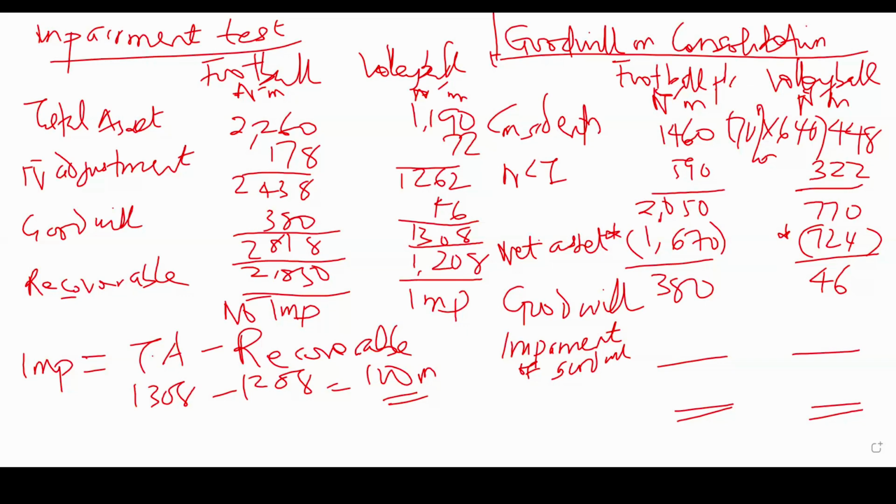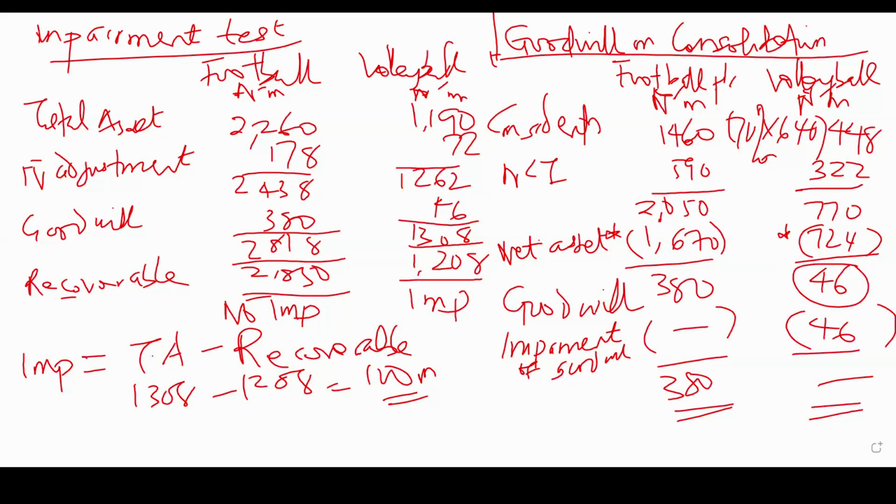So goodwill is to the tune of how much? 46 million. All of this goodwill will be impaired. I'll take it out like this. We have discovered that there is no impairment here, so my goodwill here is still 380.